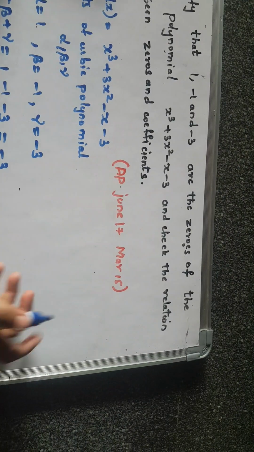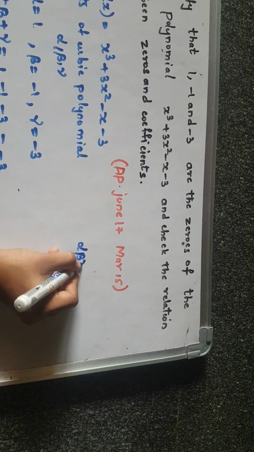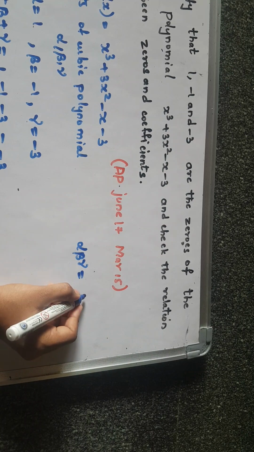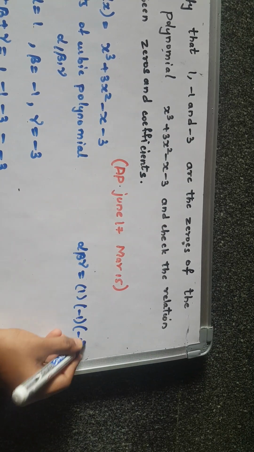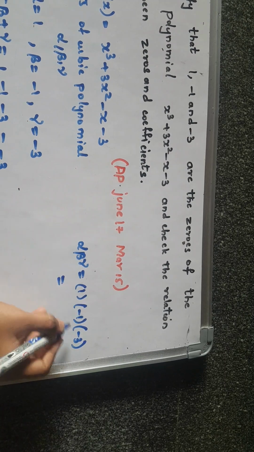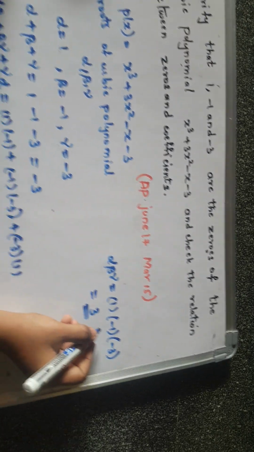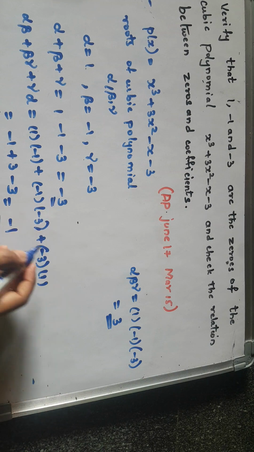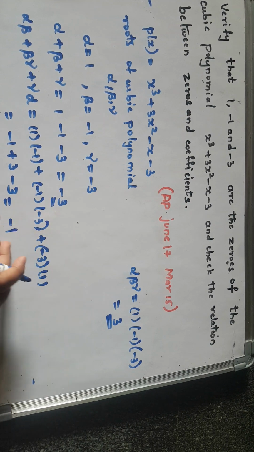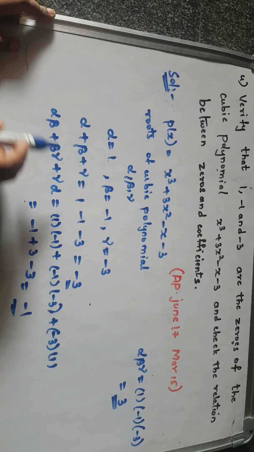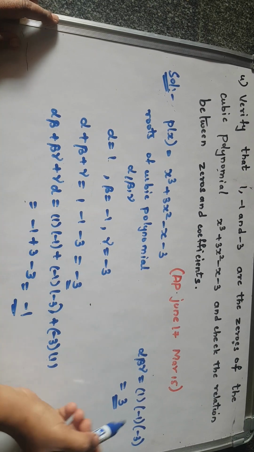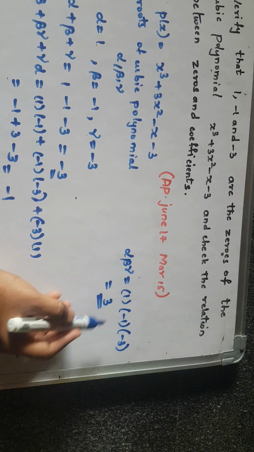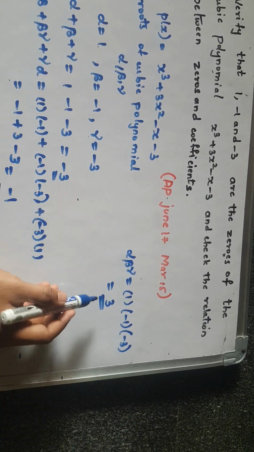What is the product of the roots? Alpha into beta into gamma equals 1 into minus 1 into minus 3. This value is becoming plus 3. These are the sum of roots minus 3, sum of products of two roots minus 1, and product of the roots 3.